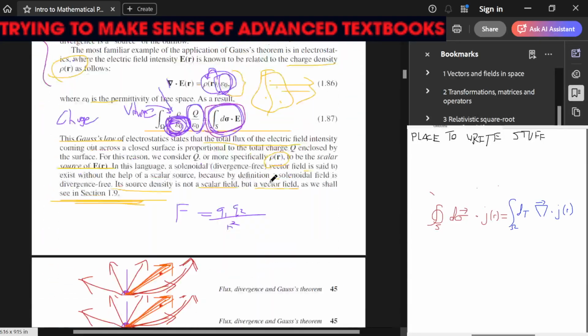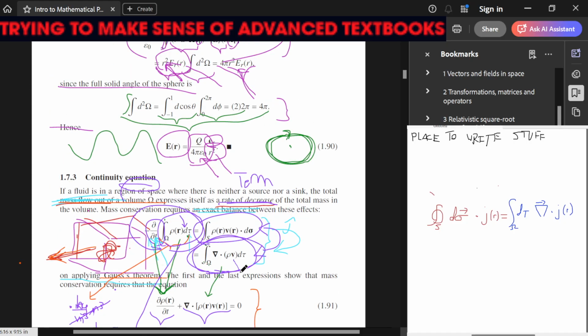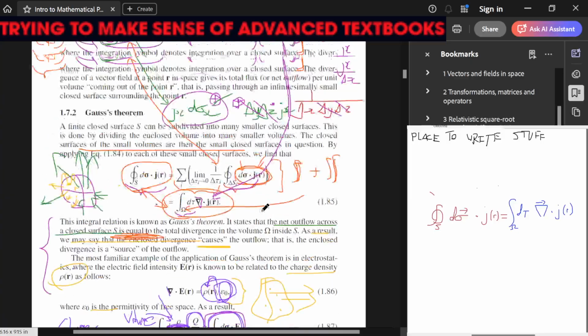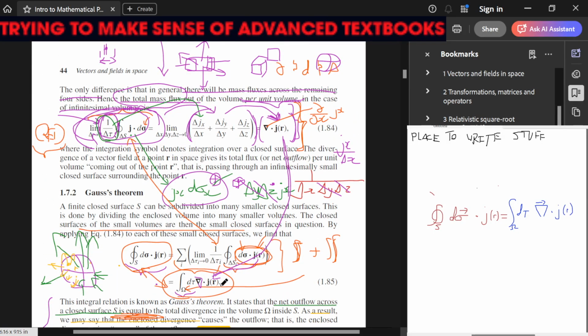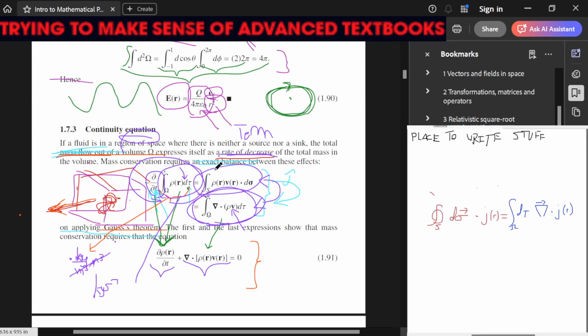Let me check. Let me commit it to memory first. Divergence of PV. Yeah, technically, yeah. So we already proved this earlier, so I don't need to reprove it to myself. So we just said this is equal to this.